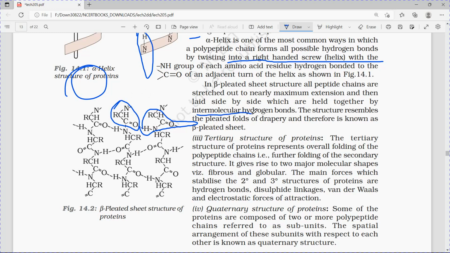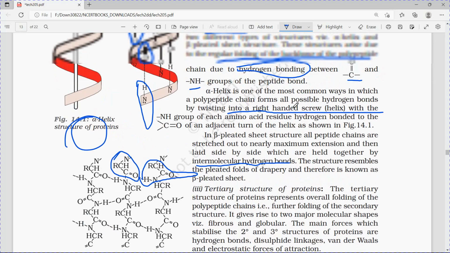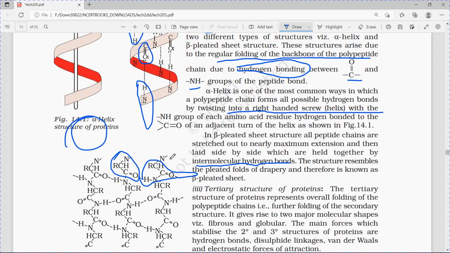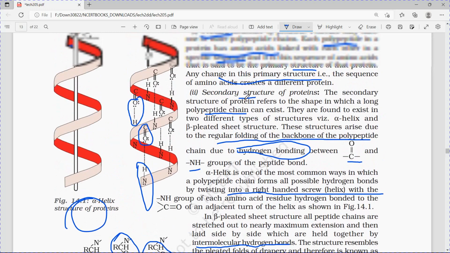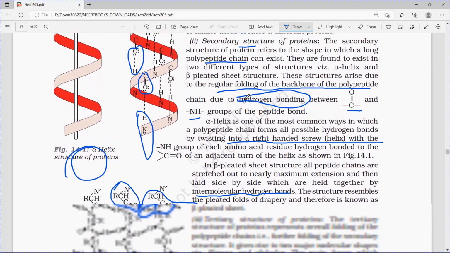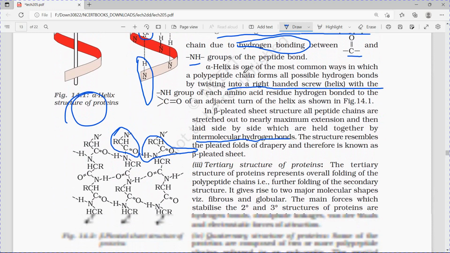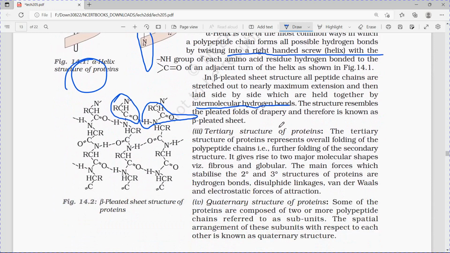Remember that the beta pleated structure is due to the intermolecular hydrogen bonds, between the molecules, and the alpha helix is due to the intramolecular hydrogen bonds. That's the important question. That is intramolecular, that is intermolecular. So this resembles the pleated folds of a drapery. Therefore, it is called a beta pleated structure, right?